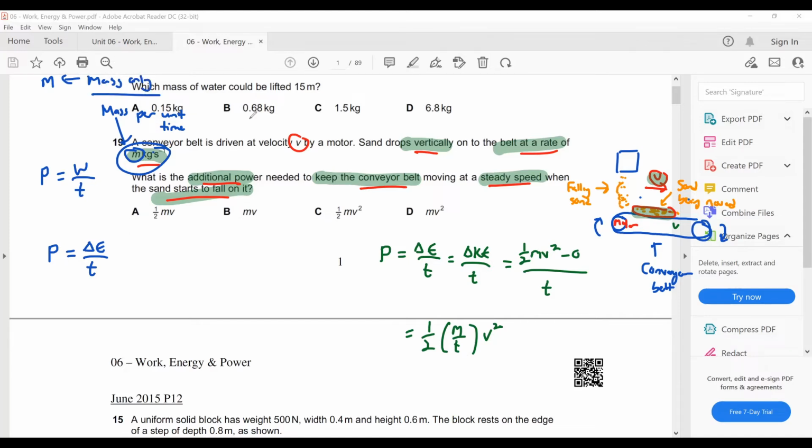But your question here is trying to make your life a lot harder by saying that m is not mass only, it's mass per unit time. So let's just say that this one I rewrite it as big M, to avoid any confusion. So this one, power is half M v squared, is going to be this.